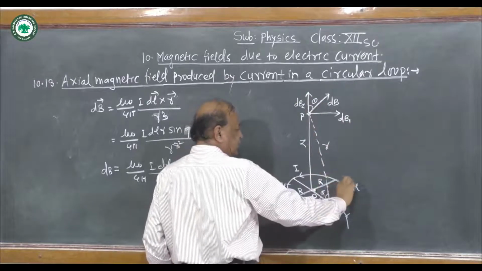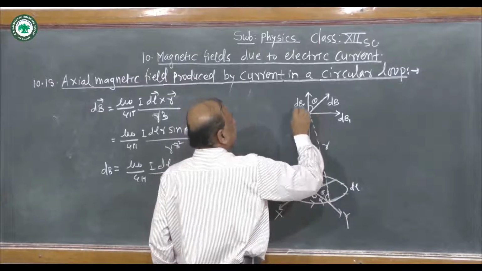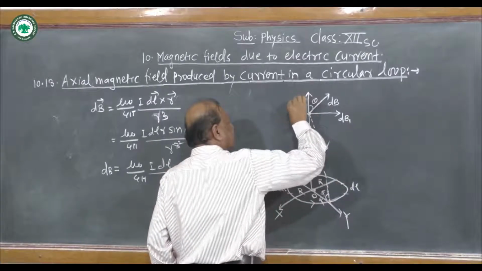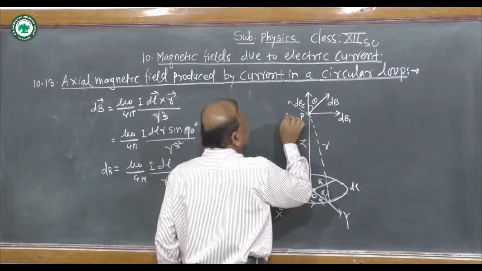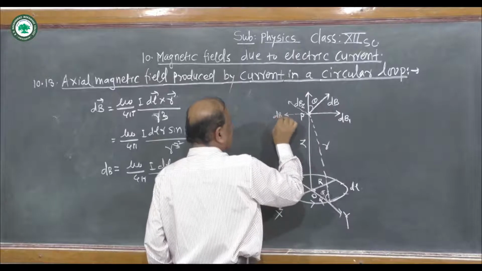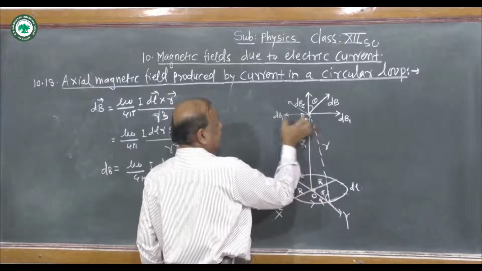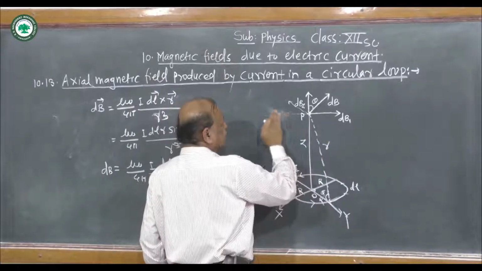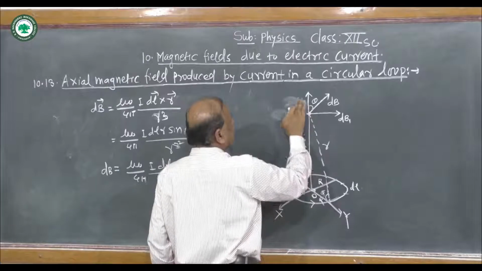Now we consider this other element here, then the magnetic field will be directed like this one, and this dB1 here. These two magnetic fields are equal and opposite, therefore they cancel with one another.